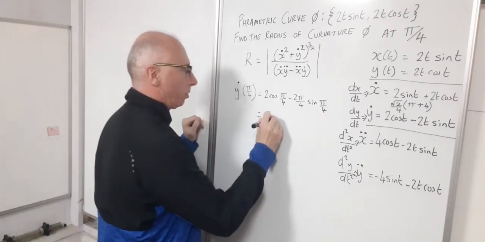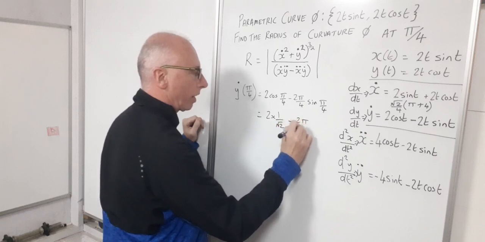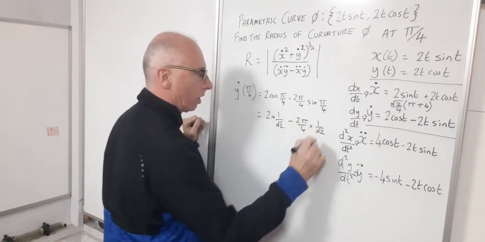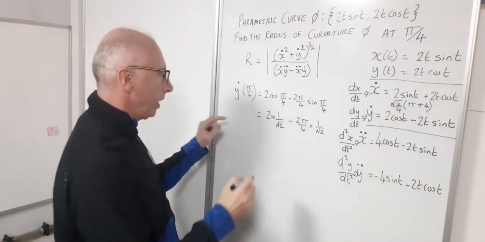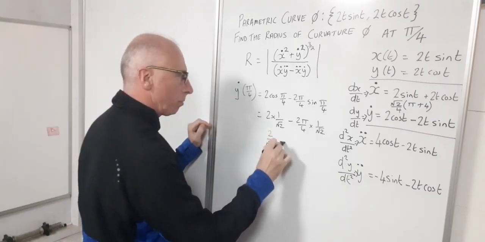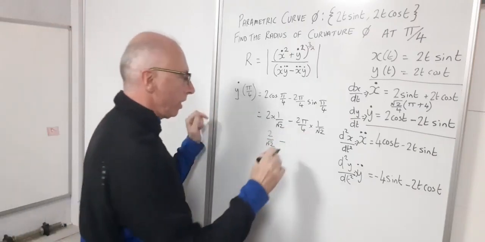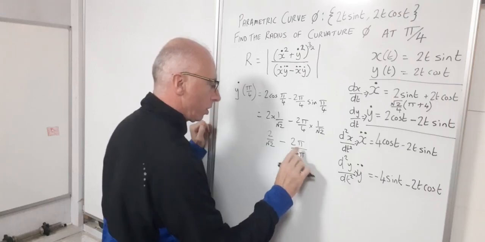So we've got 2 times 1 over root 2 minus 2 pi over 4 times 1 over root 2. Let's just multiply this out and simplify a little bit. So we've got 2 over root 2 minus 2 pi over 4 times 1 over root 2. Let's just write that as 2 pi over 4 root 2, just like the last one.